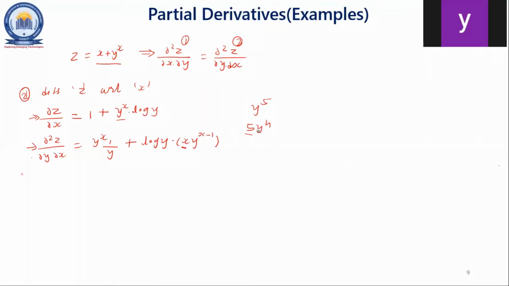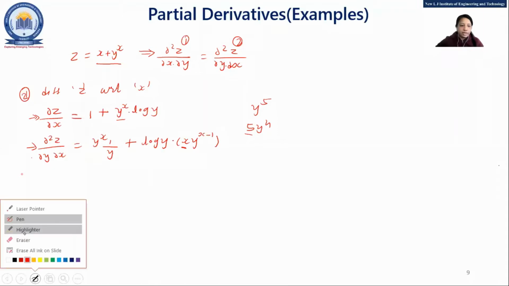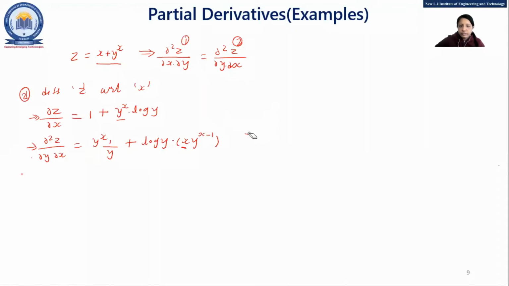So what happened? This is same as this. See, whatever examples we have seen in these 2 lectures are all of this type, where you can make a mistake. So this is the thing, x, y raised to x minus 1. Let's simplify it. This is y raised to x minus 1 plus, this can be considered as x log y, which we can write in terms of y raised to x minus 1.